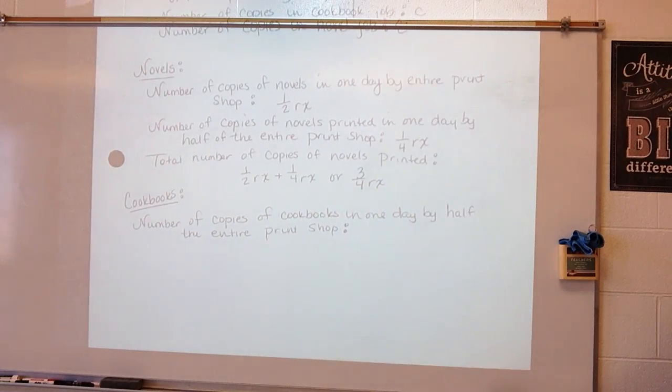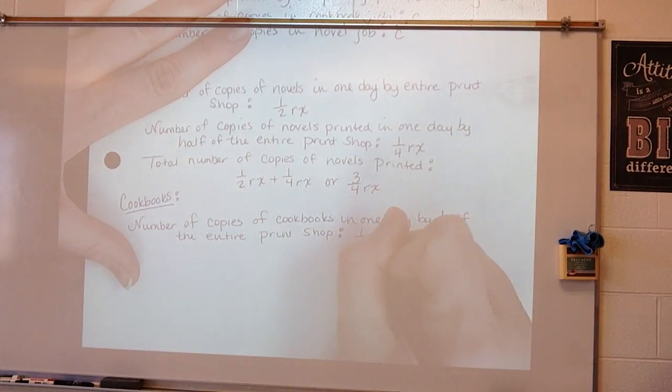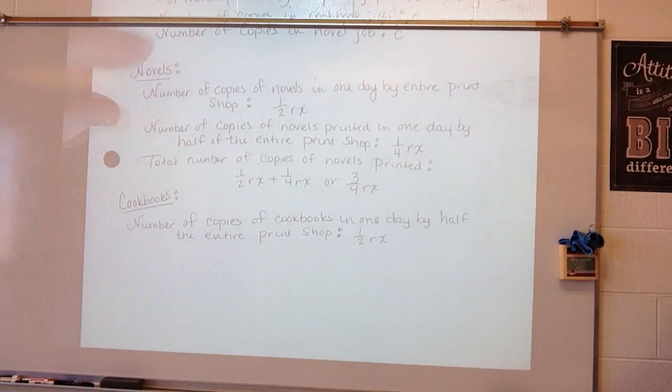Well, we said that the number printed by one printing press was R. So in order to find half of that, I would do 1/2 R times X.